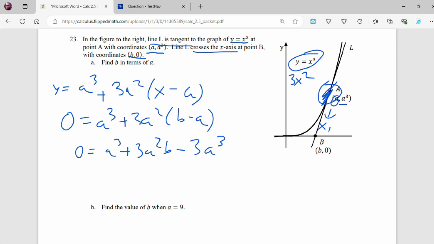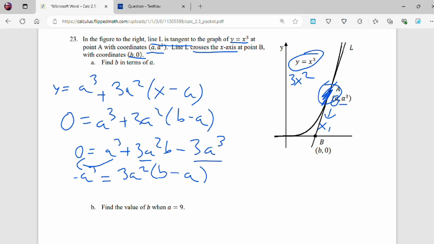If we move a to the third to the left side, we can factor 3a squared out, which isolates our b. We have 3a squared b and 3a cubed. So we move this to the left, factor out on the right, and then divide both sides by 3a squared to isolate b. Let's show you how that works. Move a cubed to the left and you get negative a cubed. Now we factor out 3a squared, which gives us b minus a.